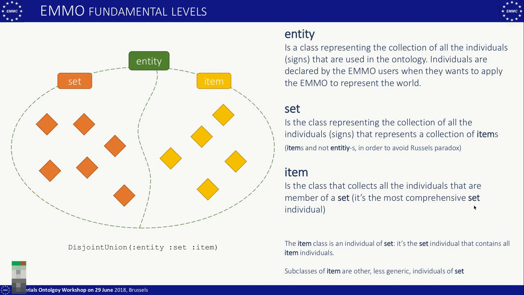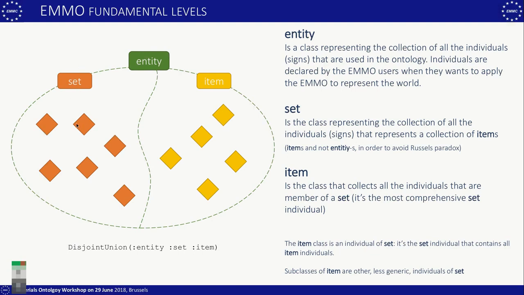So item is the most comprehensive set of individuals. Items are not entities in order to avoid Russell's paradox. This is according to Zermelo set theory. The item class is an individual of set.